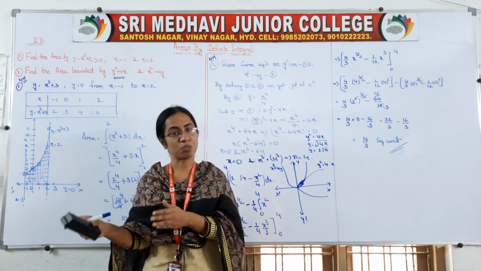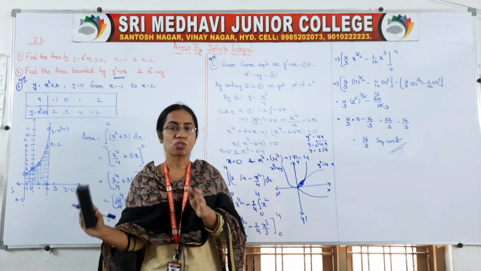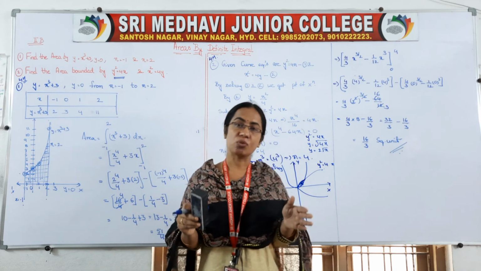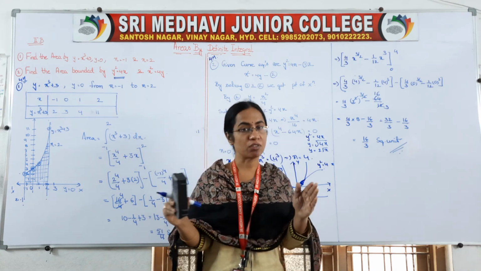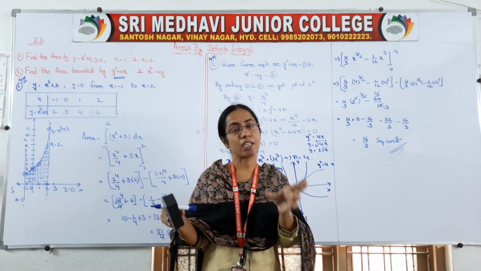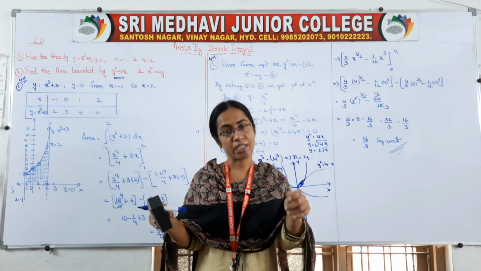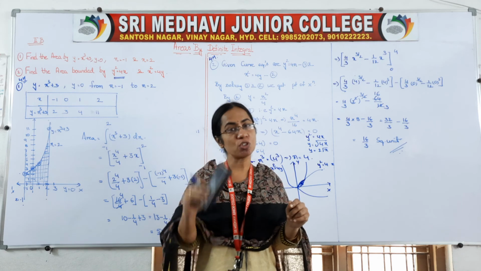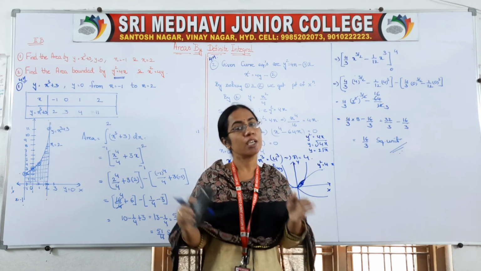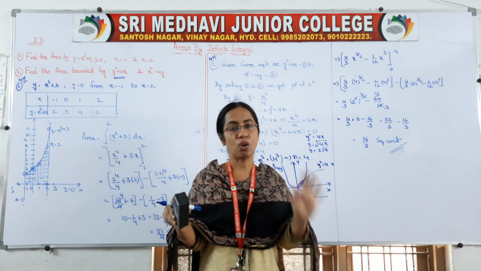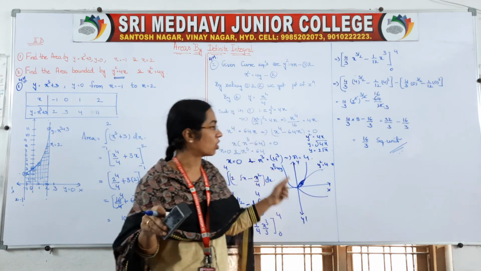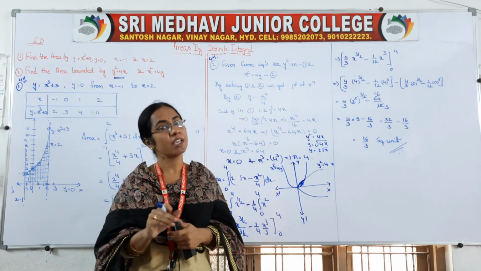After that derive the integral equation by normal integration. In that equation, in place of x, first you substitute the upper limit minus the lower limit. Solve, and you will get the required area.